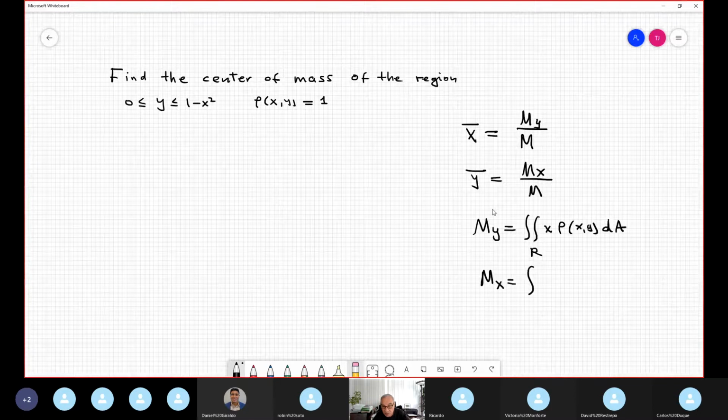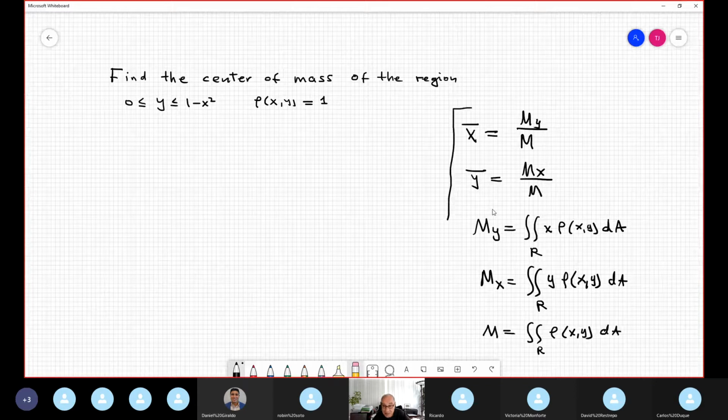Mx is the double integral of y times the density. And the mass is the double integral in the region R without anything else, considering that the integrand function is the density, and that's it. This is the formula to compute the center of mass in 2D.